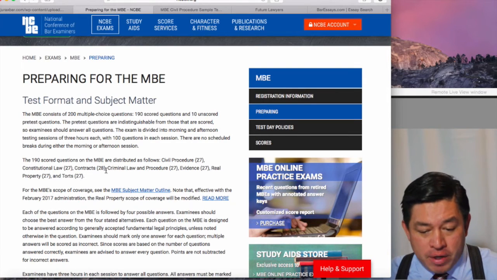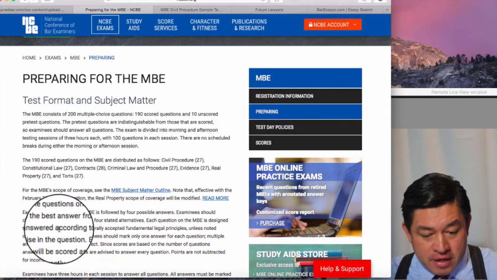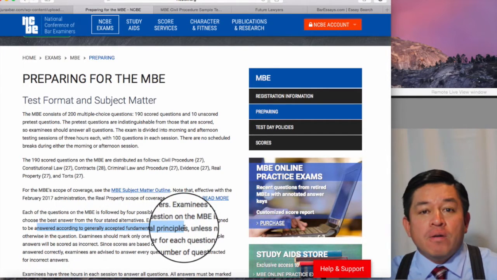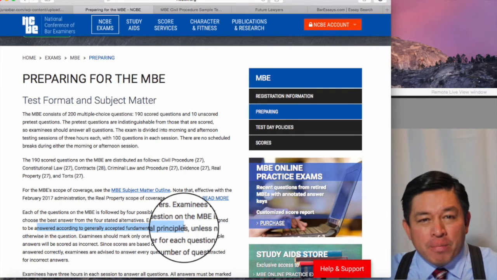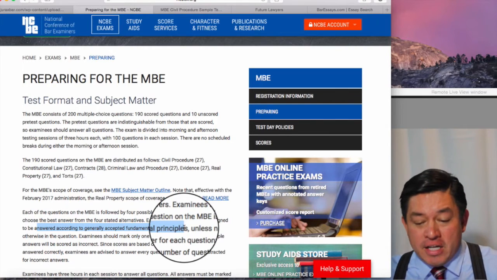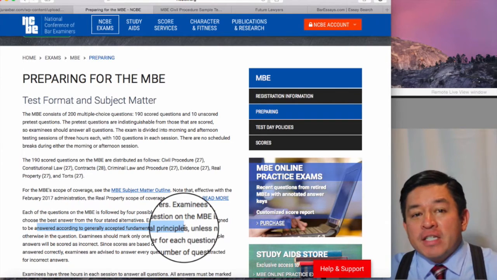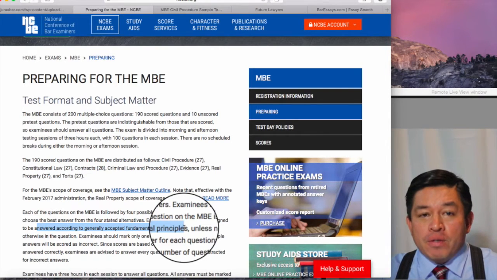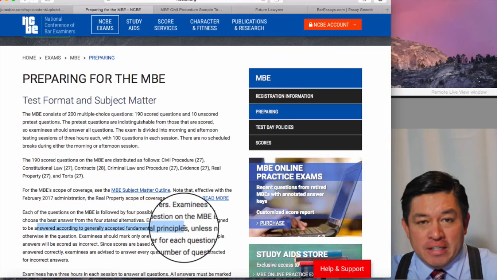Let's look at the scope here. It says answer according to generally accepted fundamental legal principles. So that kind of sounds like principles of general application because the words general and principles are included. So yes, we can make the determination that the NCBEX does test principles of general application.